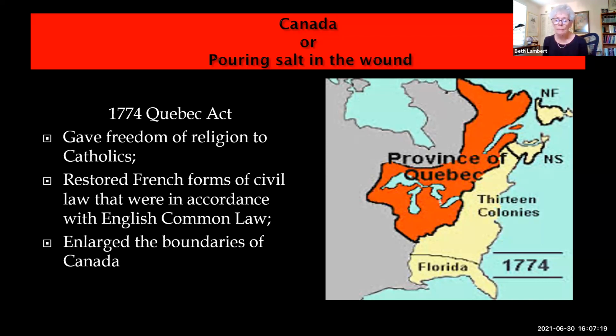Notice particularly this second one: they restored French forms of civil law that were in accordance with English common law. If they had allowed the colonial legislatures to govern more the way they wished, and had not imposed so many laws from Britain.